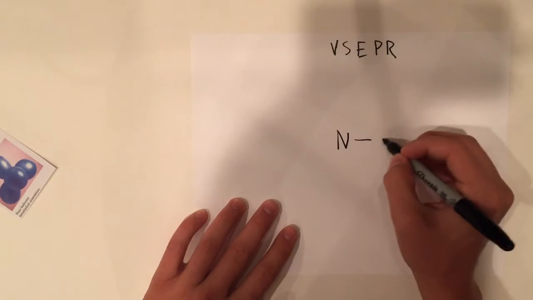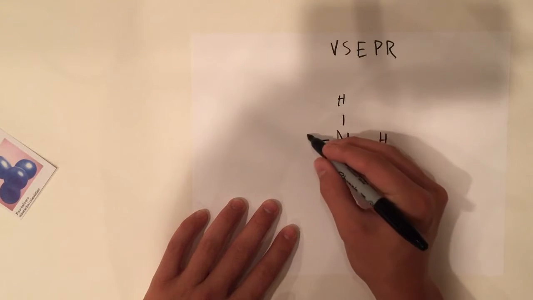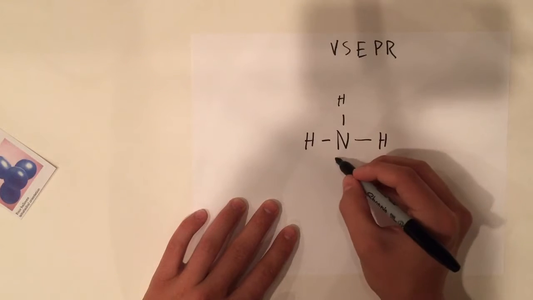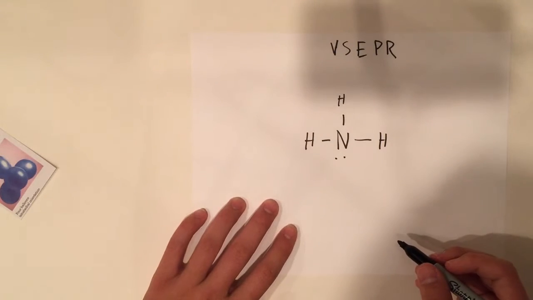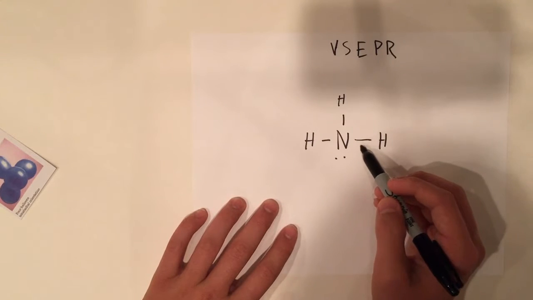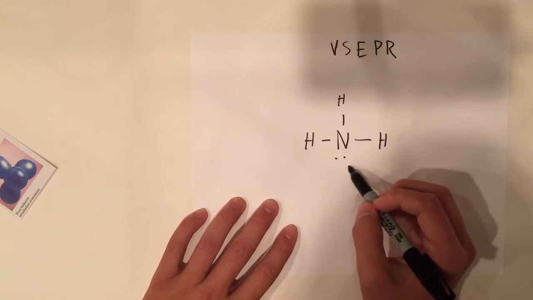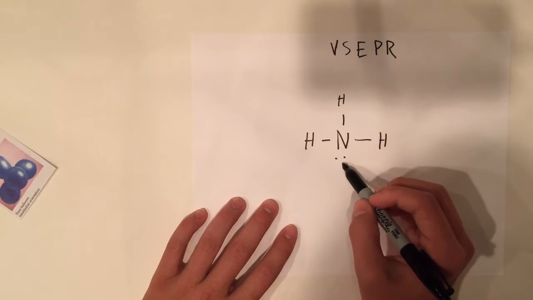When you draw the Lewis structure of NH3, it has 1 pair of lone electrons. So this bond and this bond represent bonding pair electron domains. But this is also an electron domain. It's just called a non-bonding pair.